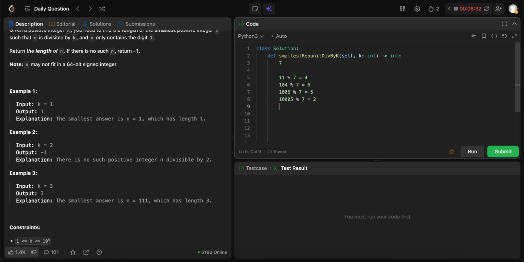Let's see if this works. 100,002 mod 7 is what? Oh, it's a whole number. So the mod is 0. So this worked.